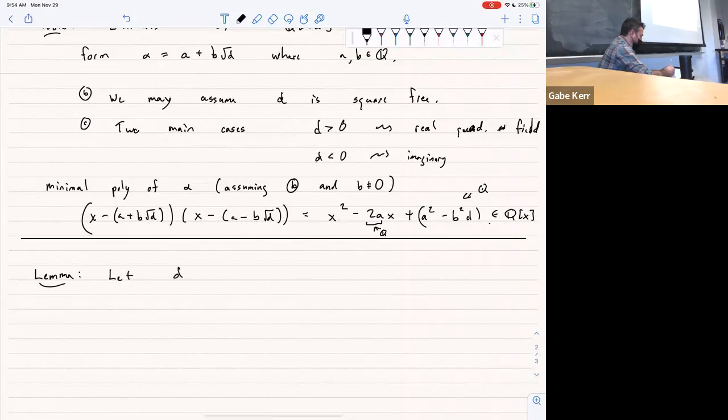Let d be squarefree. If r is rational, and r squared d is an integer, then r is an integer.